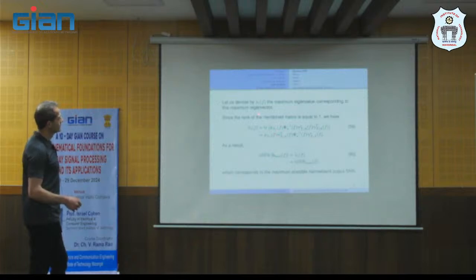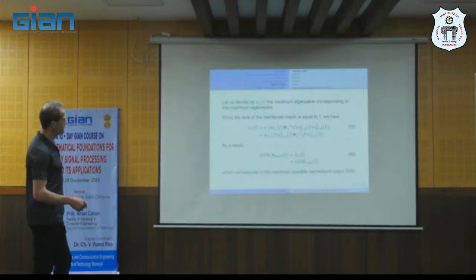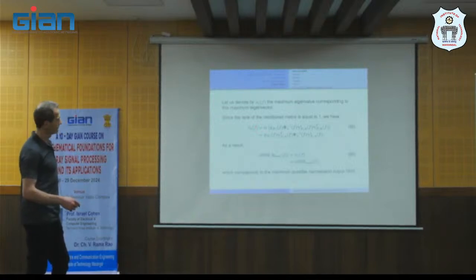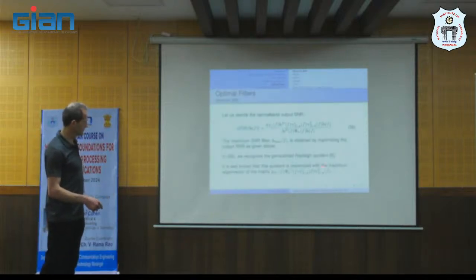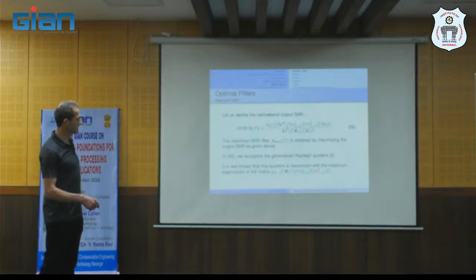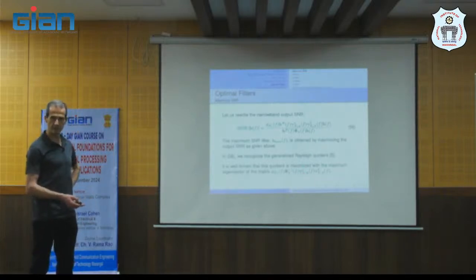So first we see that lambda 1 can be formulated like this. How do we do it? Because lambda 1 is the trace of this matrix. How do we know that? The rank of this matrix is 1. So if we multiply a rank 1 matrix with another matrix, we get a rank 1 matrix.